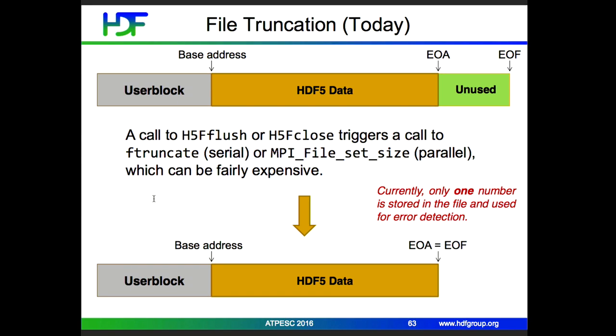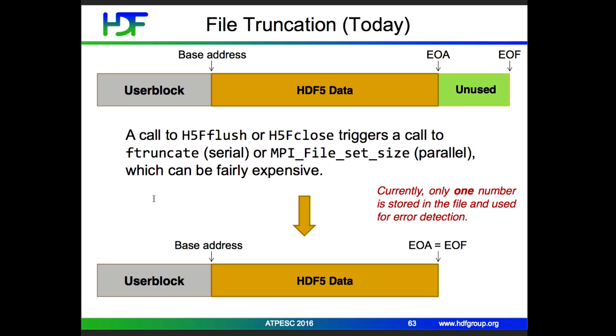What happens is the following. In an HDF5 file, we always have to allocate new storage for new data that's coming in, and at least while a file is open, we keep track of two addresses or two markers.